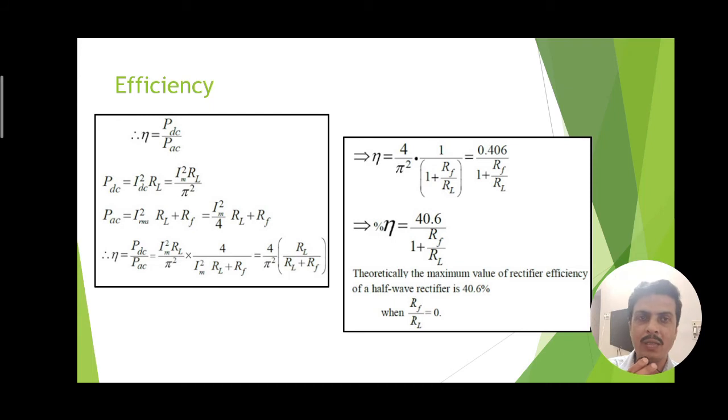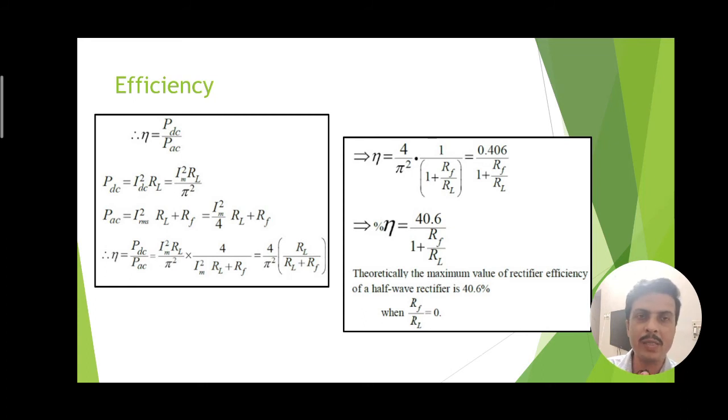And if we consider the forward resistance, which is normally negligible, then we have to consider it along with the RL. That means RL plus RF will be considered, and therefore we get the overall AC input power. Therefore, the ratio of the DC to AC power gives us the efficiency with the mathematical expression 4 by pi square into RL by RL plus RF.